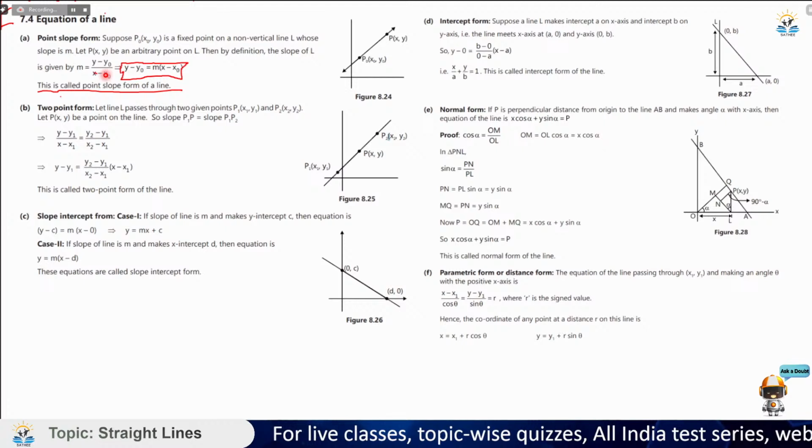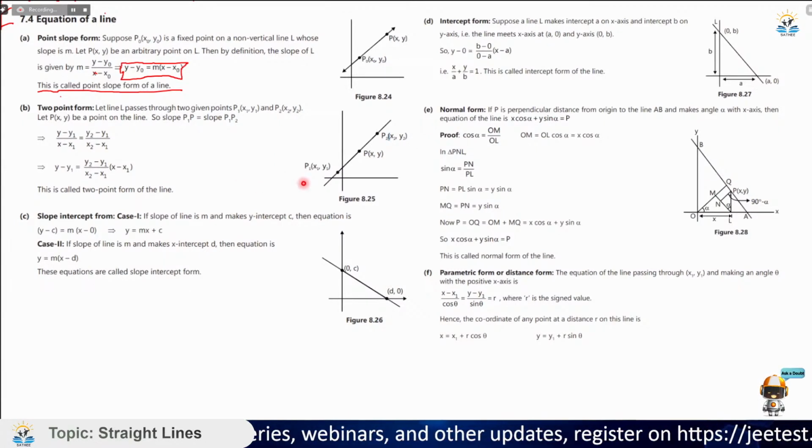Then with x comma y as the variable point, (y minus y1) upon (x minus x1) is also equal to m. We will equate these equations.